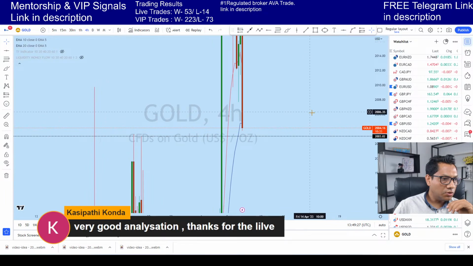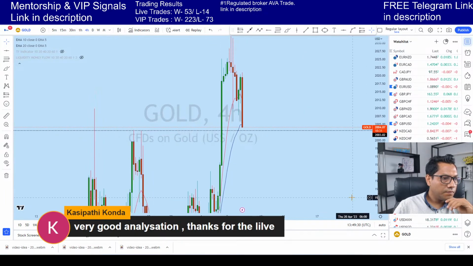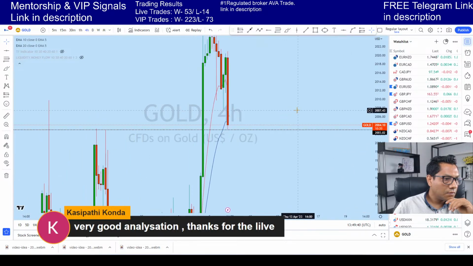Still 10 minutes to go. So this is the previous resistance turned support here.